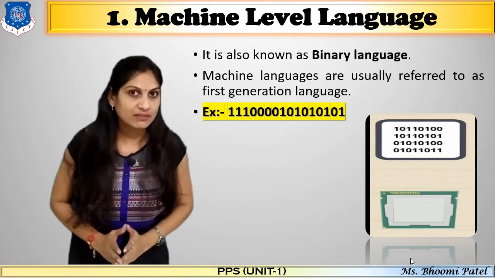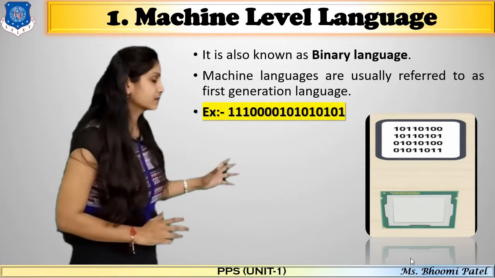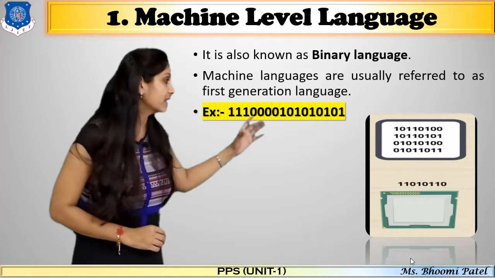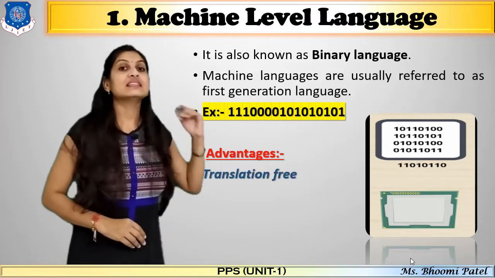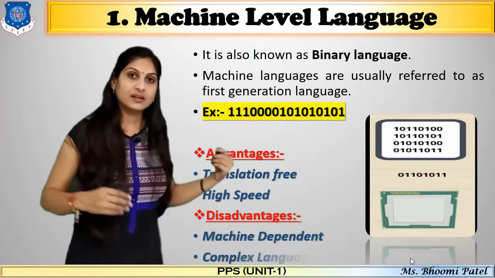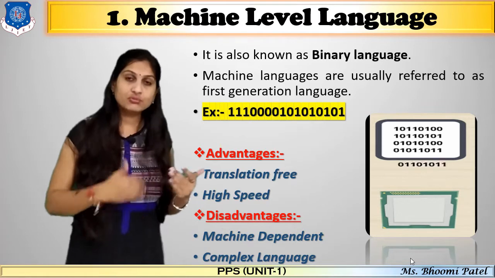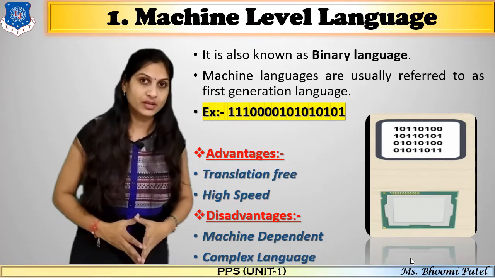Now this machine level language deals directly with processors, CPUs and registers, meaning this language is easily understood by our computer. So is there any need of a translator to translate it into a form understandable by the computer?